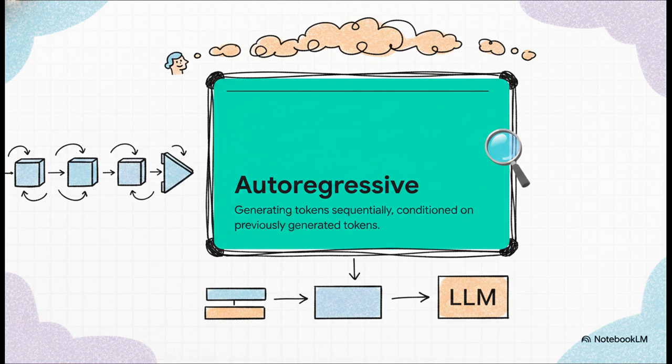Now, if you want to understand models like the famous GPT series, we absolutely have to grasp this one specific term, autoregressive. It sounds complex, but it just means generating text sequentially, token by token, where every single new word is conditioned on all the previously generated words. It perfectly describes those improvisational, fast-talking storytellers we talked about earlier, literally just building sentences step by step.